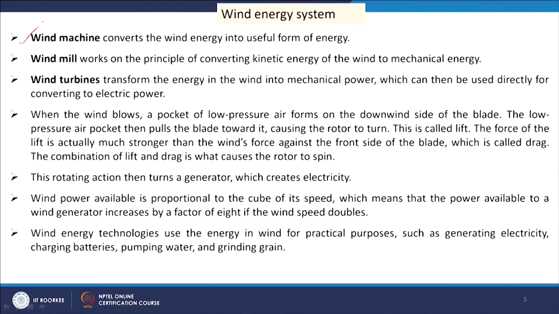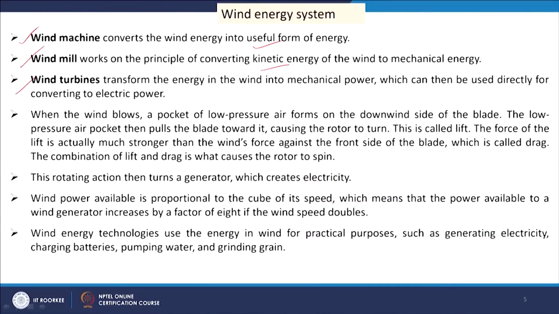Now, if we think about the wind energy system, we get three major terms: wind machine, windmill and wind turbine. A wind machine converts wind energy into a useful form of energy; it is a very generic common name. A windmill works on the principle of converting the kinetic energy of the wind to mechanical energy.